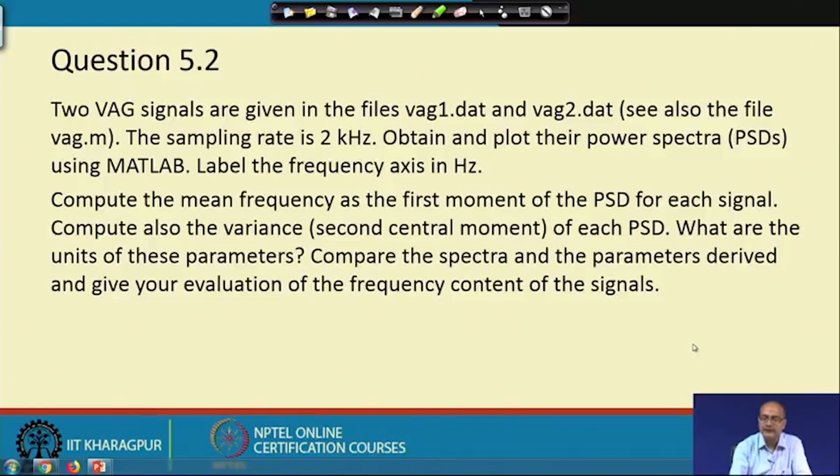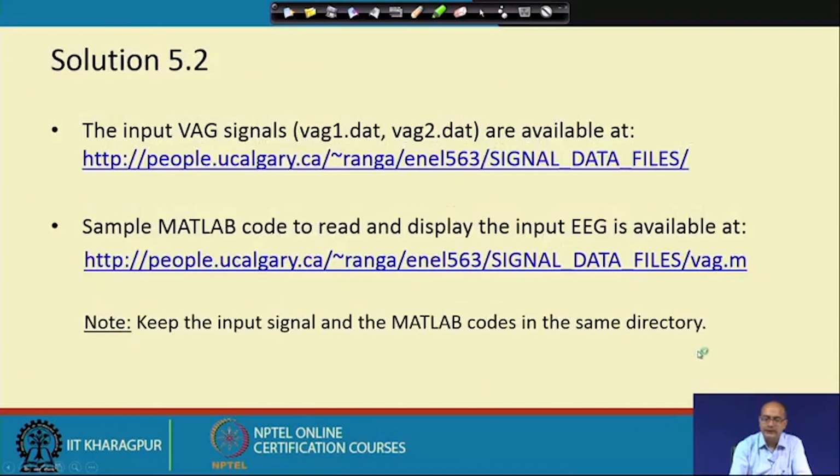So, first thing is to look for the signal. We get the signal in this link, and the corresponding MATLAB code to read that signal, VAG.m, we get it there, and first thing is to download them and keep them in the working directory of MATLAB.